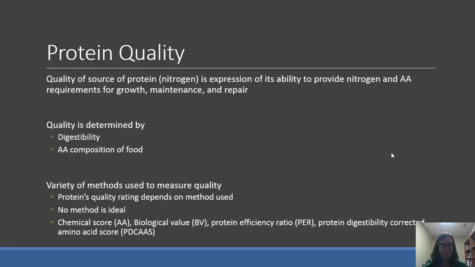There is a variety of methods that we can use to measure protein quality, and really the quality rating of the food depends on which method is used. All methods have their strengths and limitations. So we can use a chemical score, biological value, protein efficiency ratio, or a protein digestibility corrected amino acid score.